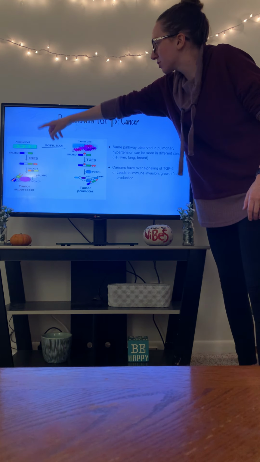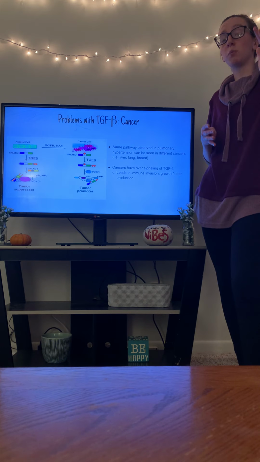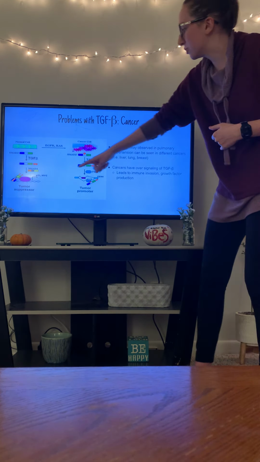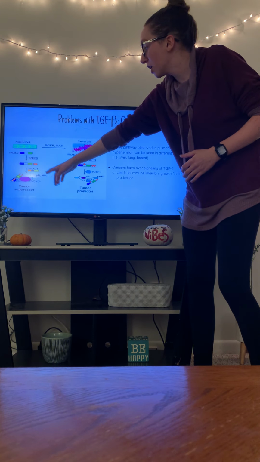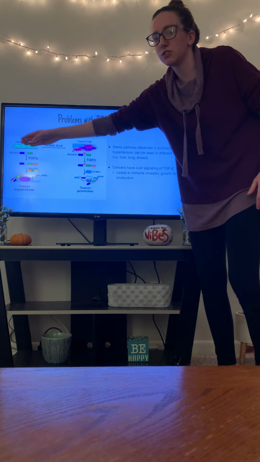So normally, in normal TGF-beta SMAD phosphorylation, you have a tumor suppressor. When there's normal phosphorylation, there's no tumors present because the TGF-beta is ultimately suppressing that tumor.